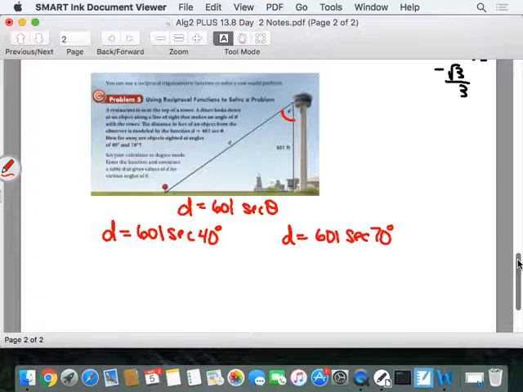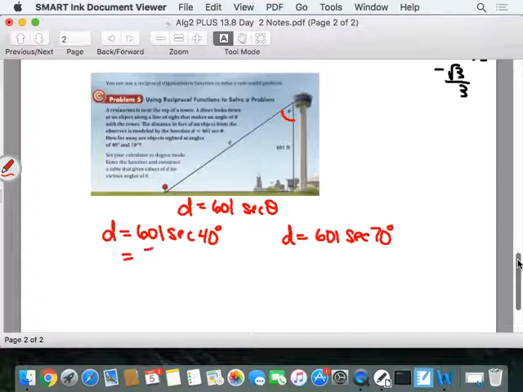On the red calculator, here's how I would suggest you try to type this in. Do 1 divided by cosine 40 degrees, press enter, then multiply by 601. On the graphing calculator, you guys can just enter this straight across. 601, go to trig secant 40. Yours will be a little bit easier.